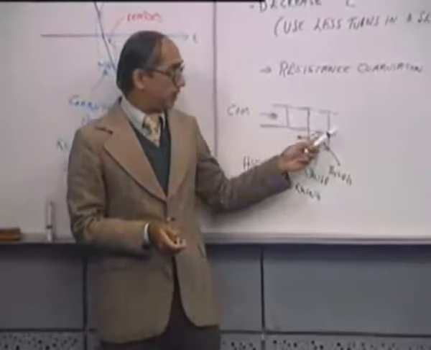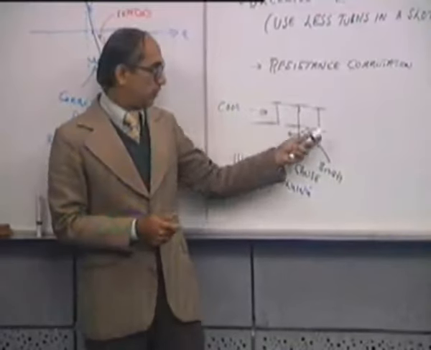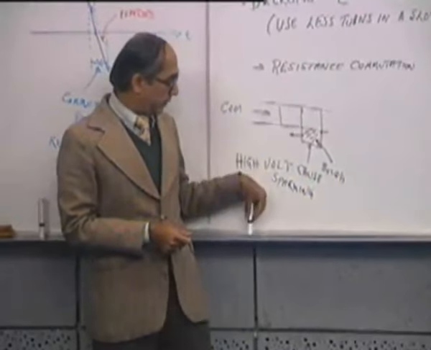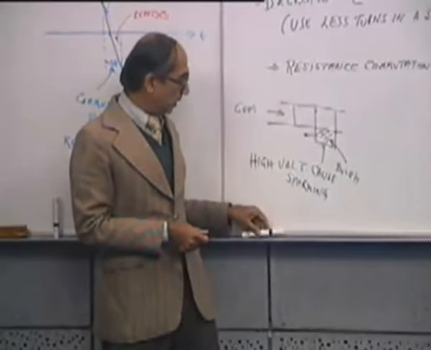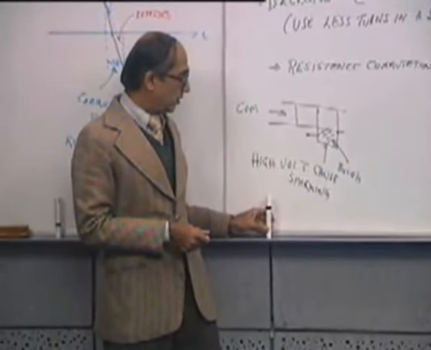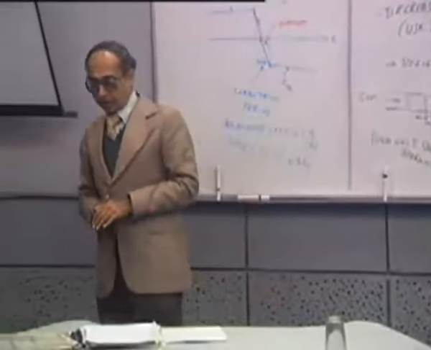But if it permanently damages the commutators, that will result in pitting of the commutators, which would be very dangerous. So we must try to make this commutation process very smooth and without any damaging effects.